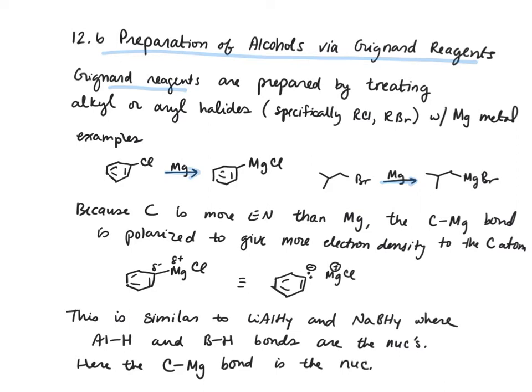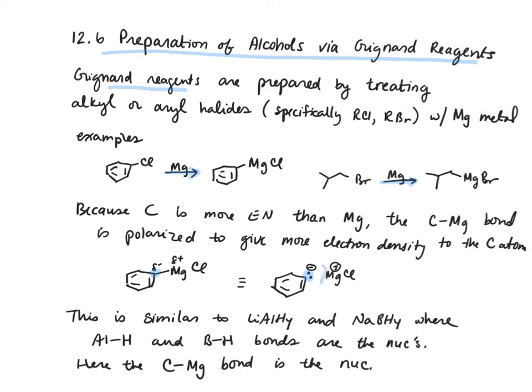In this reagent, because carbon is more electronegative than magnesium, the carbon-magnesium bond is polarized to give more electron density to the carbon atom. So you can think of this reagent as ionic, although the magnesium-carbon bond is actually a polar covalent bond.